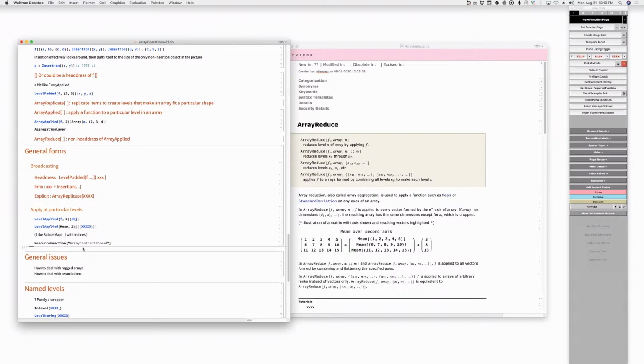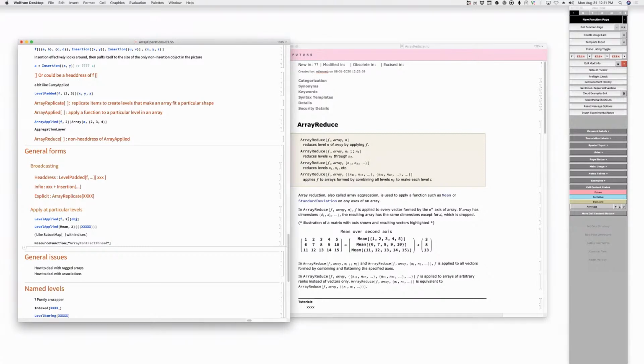Let's look first at level applied, because it's fairly straightforward. It's just: take this function, this is a headdress, and apply it at level n. Do people understand this? This is a very basic question: how is this different from Map?